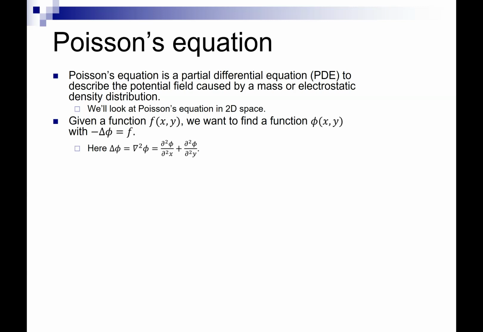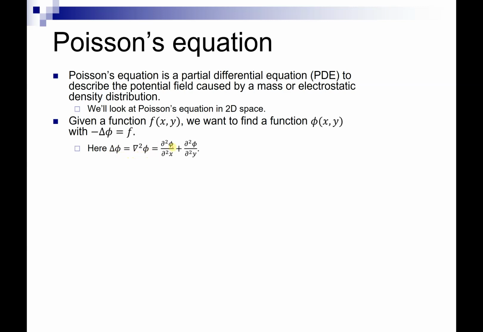The way that you can express Poisson's equation is this. We're trying to figure out this phi here. Phi is going to be a bunch of values, and we're trying to figure out what these values are. We're going to apply this Laplace operator, this little triangle over here, to phi.